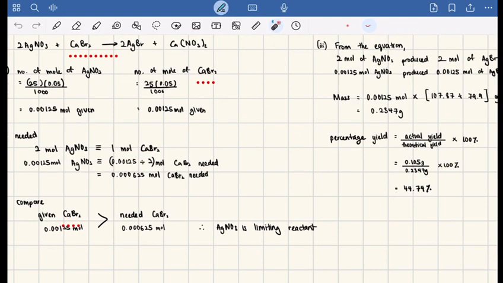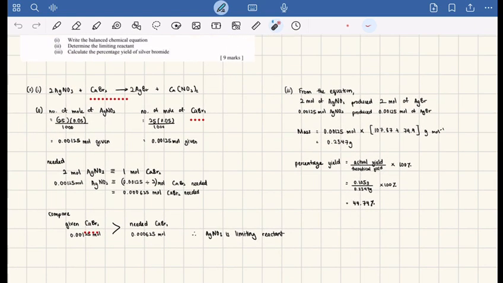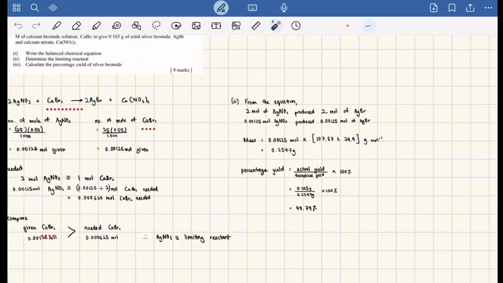And so we'll get 0.000625 mole CaBr2 that is needed. And then we'll compare. The given CaBr2 is bigger than the needed CaBr2. So this means that it's an excess reactant, and thus AgNO3 is the limiting reactant.